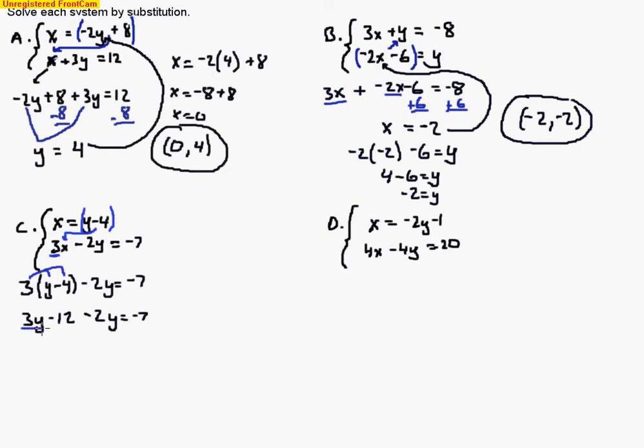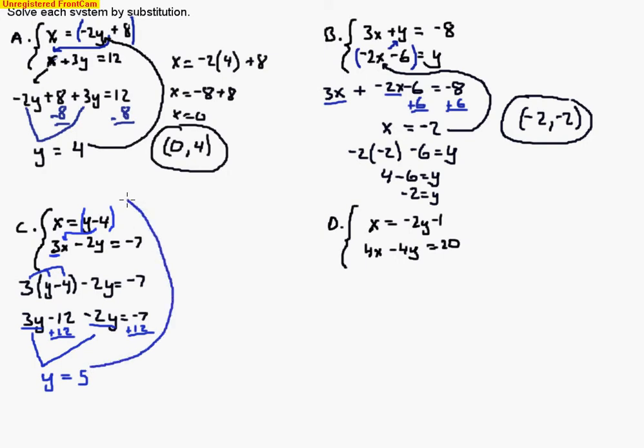We're going to collect 3y and negative 2y, but we're also going to add 12 to both sides. So the 3y minus 2y gives me y, and negative 7 plus 12 gives me 5. So 5 is the answer for y, but we still need to find x.